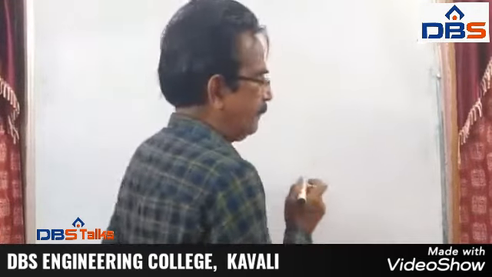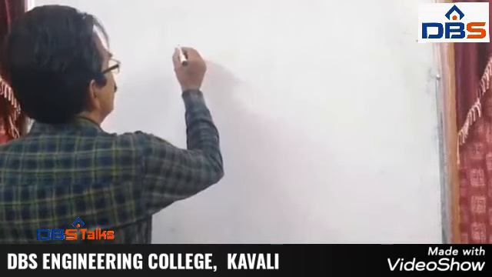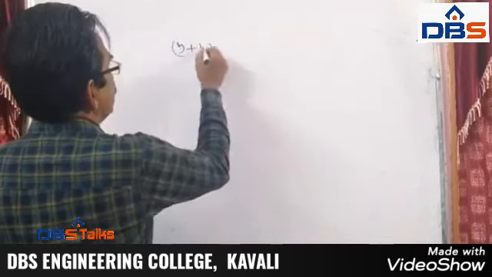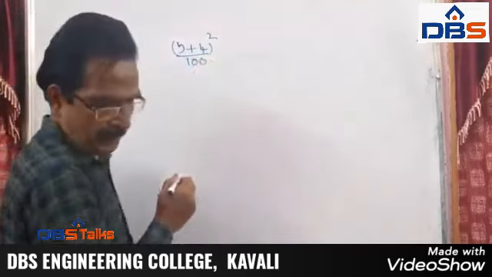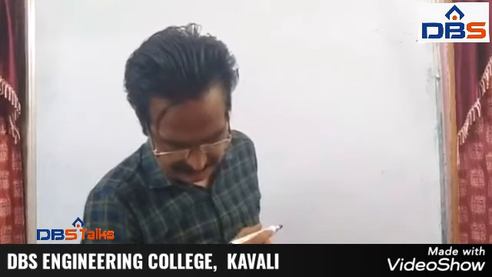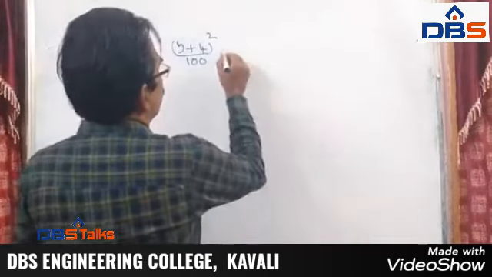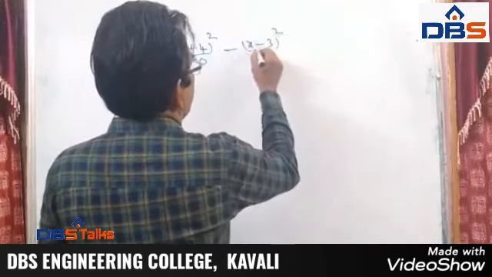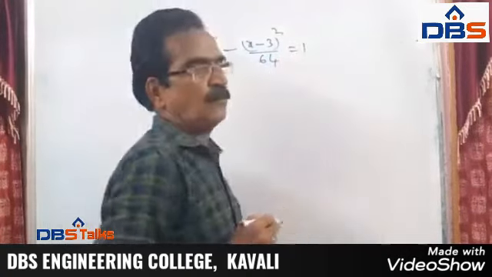One among those problems today is: find the vertices, co-vertices, foci and equations of asymptotes of the equation (y + 4) whole square by 100 minus (x - 3) whole square by 64 is equal to 1.